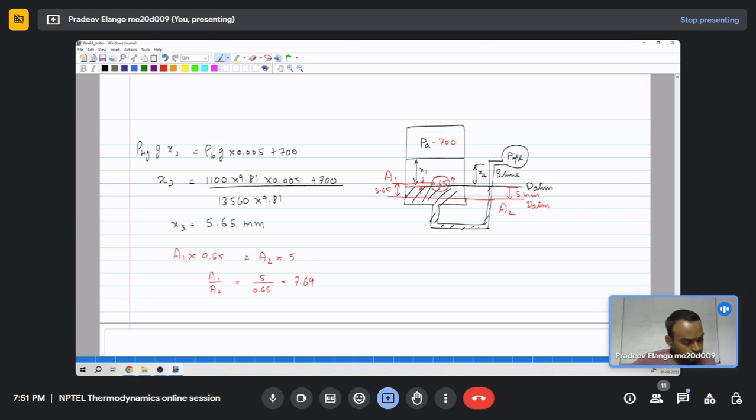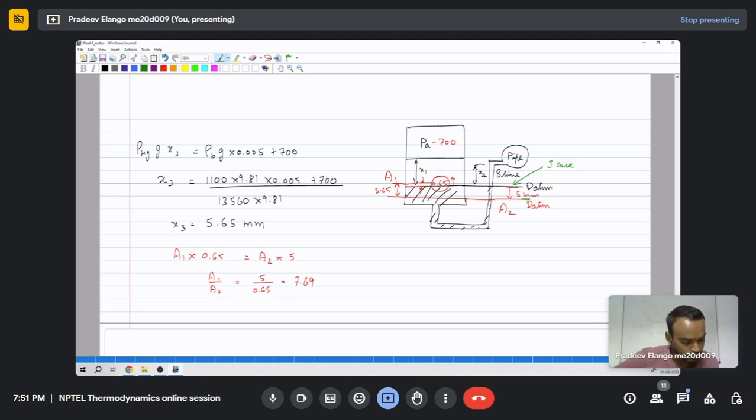Yeah. So previously this black line was the datum, right? So this was the datum in the first case. And now we were told that on the right limb the level falls by 5 mm. Okay, and now for the second case we consider this red line as the datum.